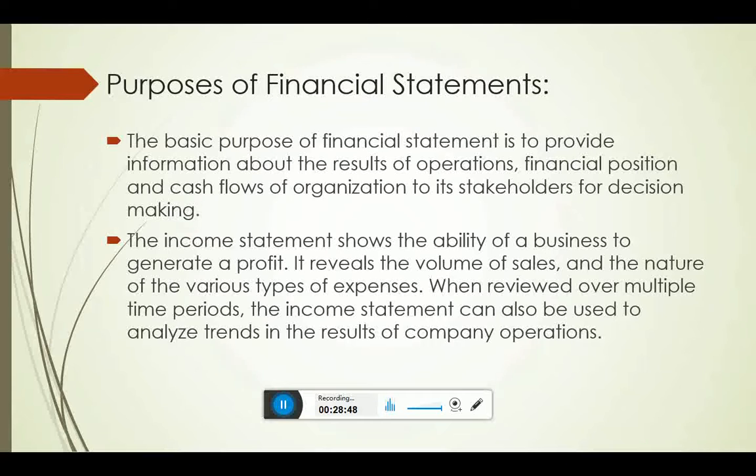And we also see whether in 2018 it increased or decreased, and also in 2019, and in 2020. So that is how we find out the trend of a company's earnings or income. So that's the purpose of the income statement.